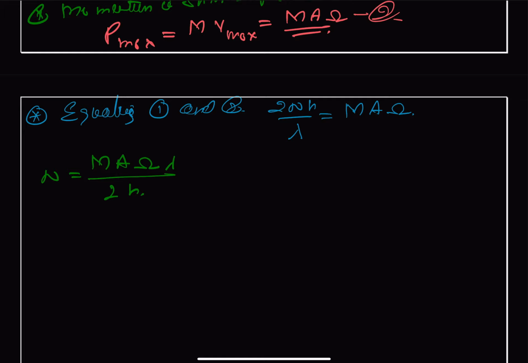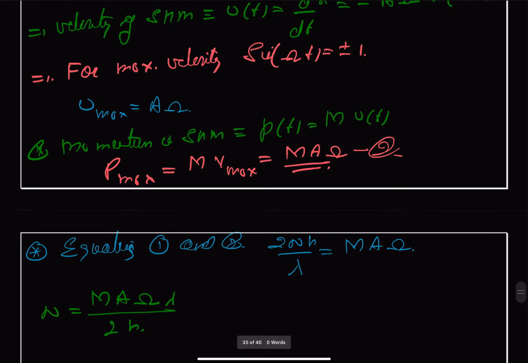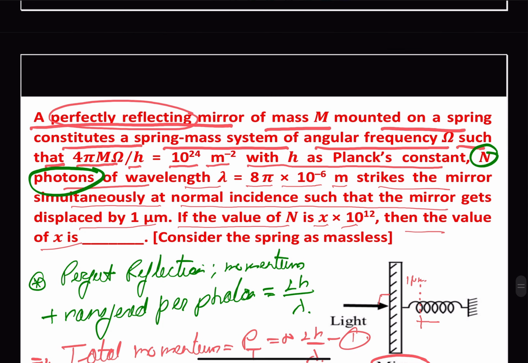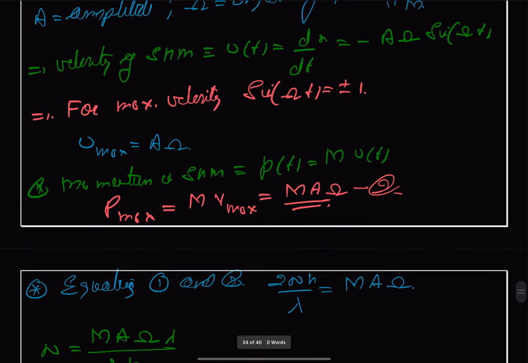And we are given that lambda is given to us and the displacement is also given to us, that is 1 micrometer. So we substitute the value.